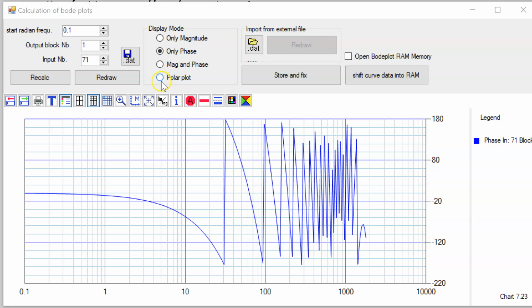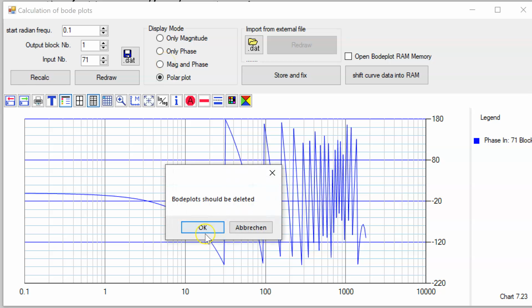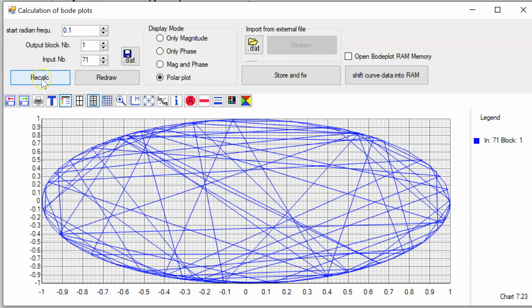Look, there is also a polar plot option. If you click this, then we recalculate this. A nice curve. Strange in this case, because I expect a circle. Why is this not a circle?